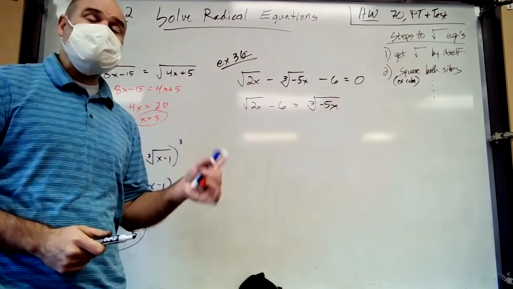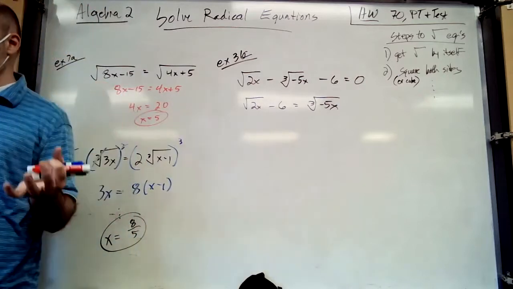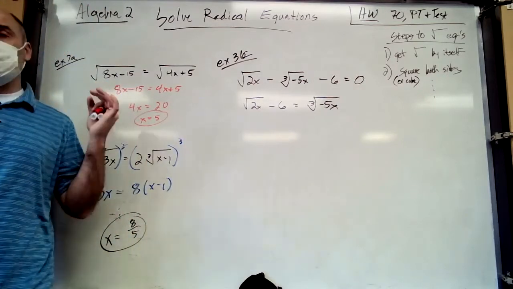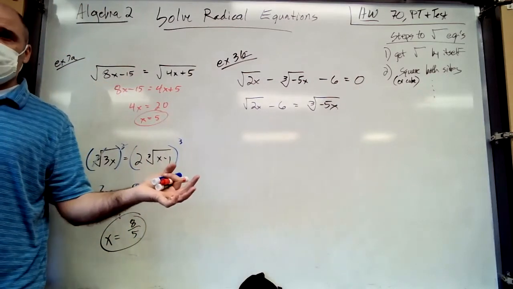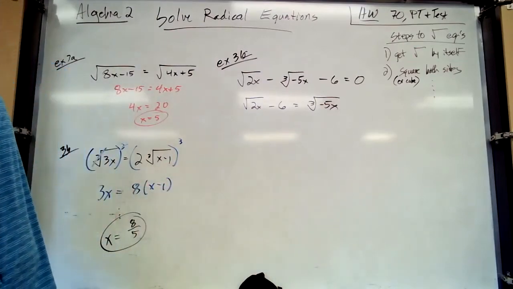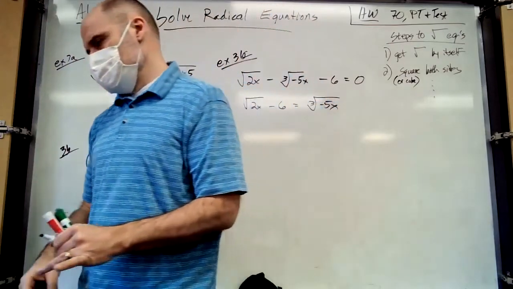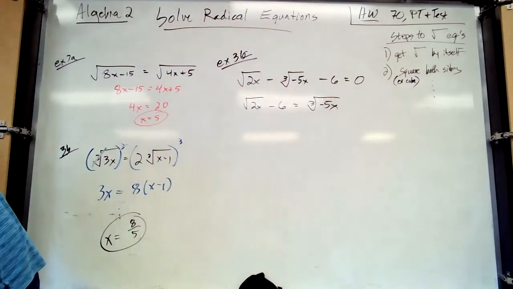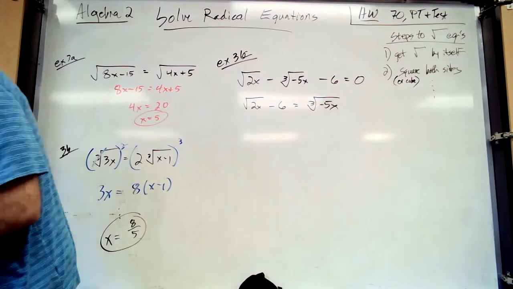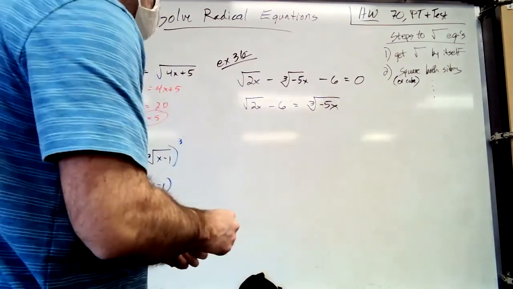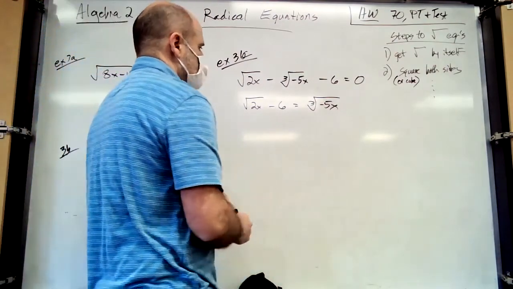So your first step is if you have two radicals, make sure they're on separate sides. Okay? So if one of them's by itself, then you can eliminate that nicely. Okay? So that's what we'll do. It makes it a little bit more complicated, but we could do it this way.